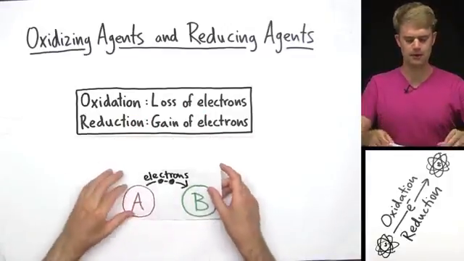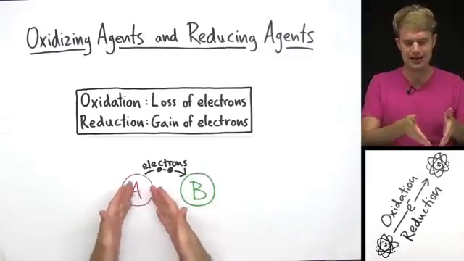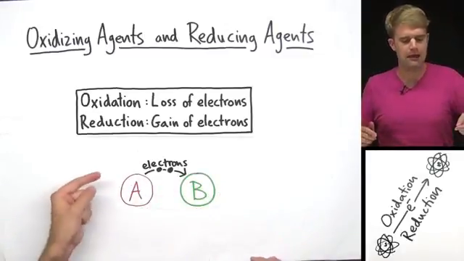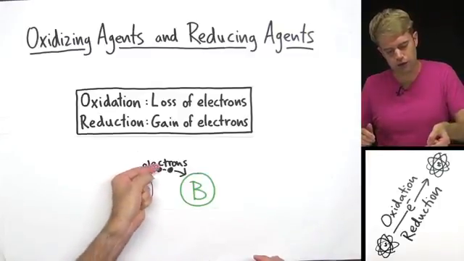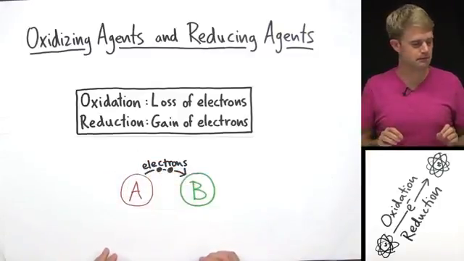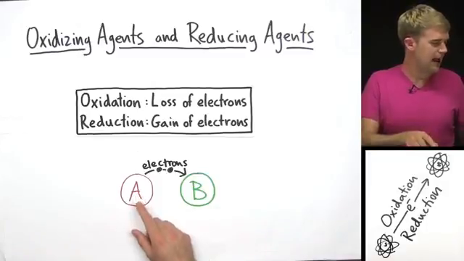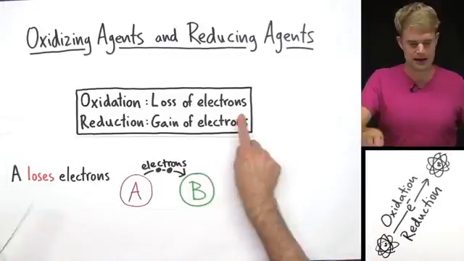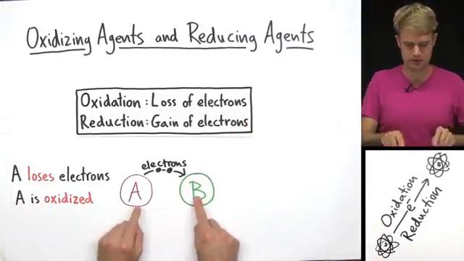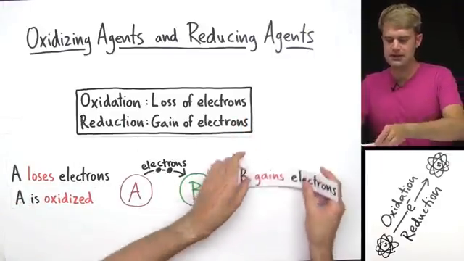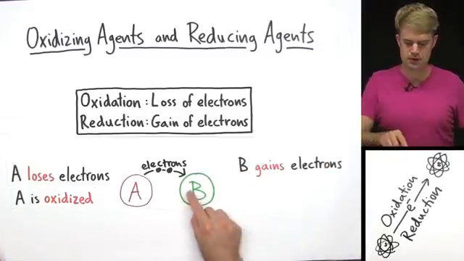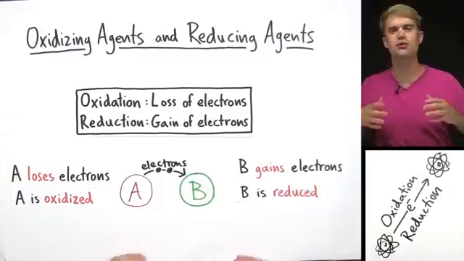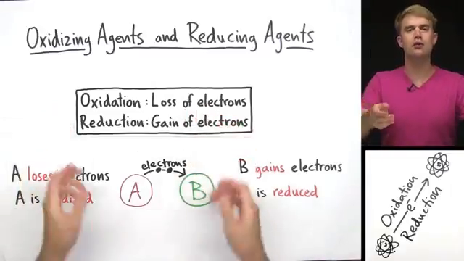I've got a diagram here with two things, A and B. Maybe they're atoms, maybe they're compounds, and there are electrons moving from A to B. A is losing electrons, which means that A is being oxidized. B is gaining electrons, which means that B is being reduced. So that's oxidation and reduction.